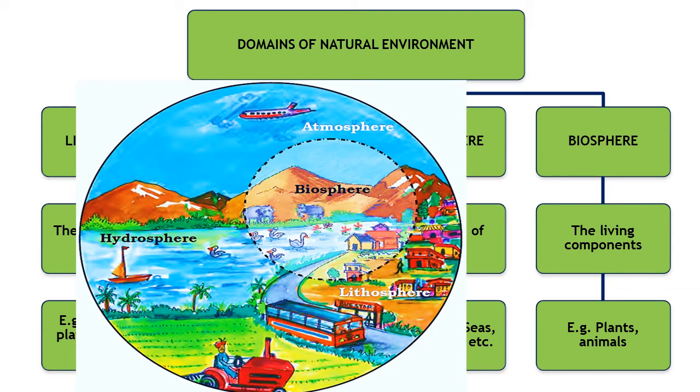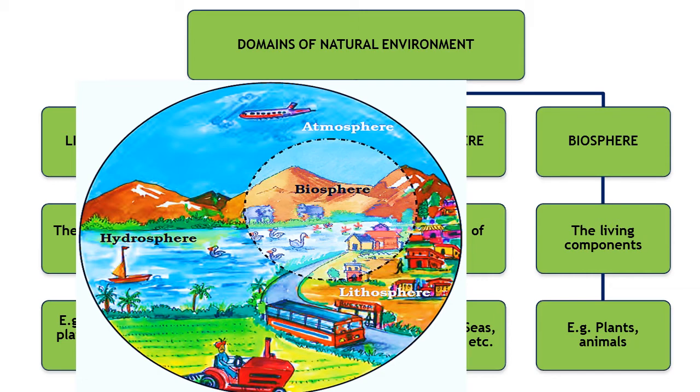There is a statement written in the book: it is a narrow zone of earth where land, water and air interact with each other to support life. Why is it written? Because biosphere exists in all spheres. In land also we see there is life. We human beings live on land.